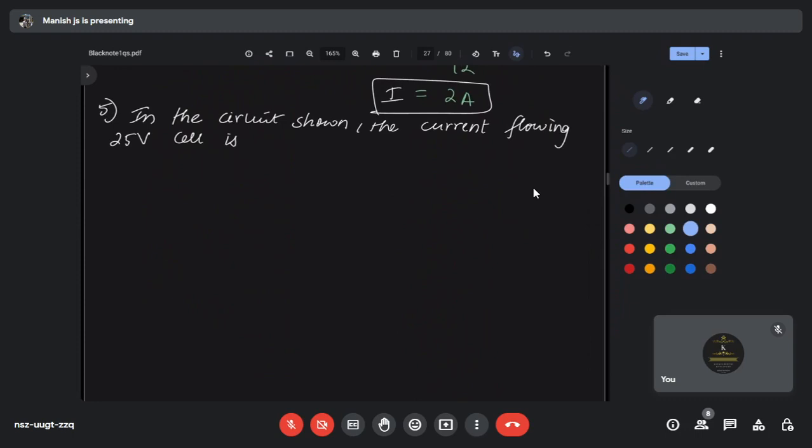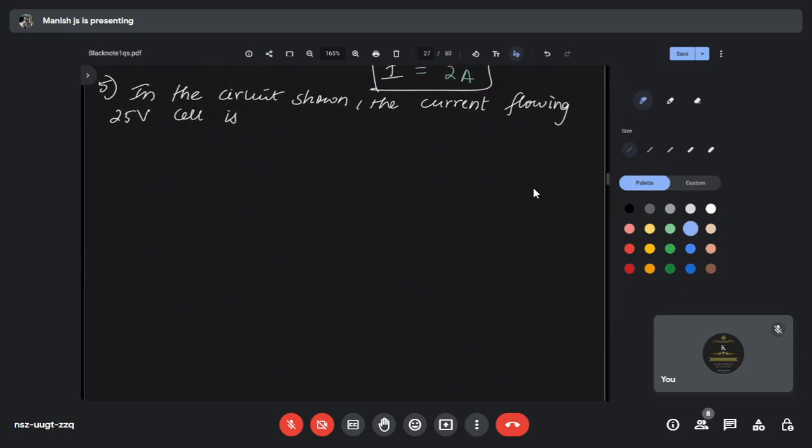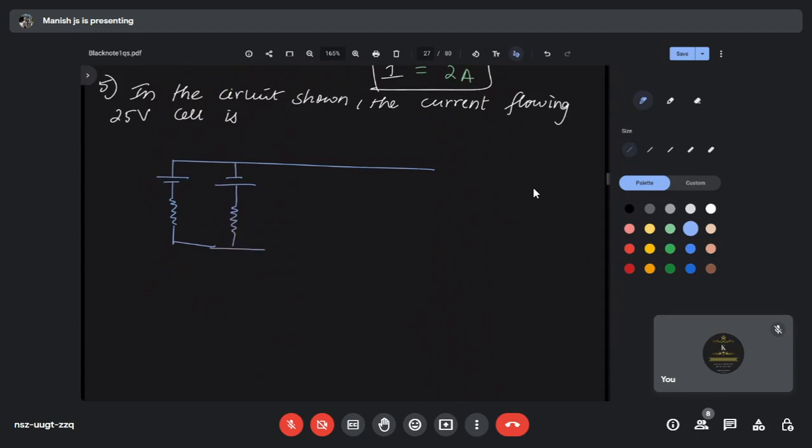So I'm going to draw the circuit right now. So this is the circuit. These are all the circuit components.